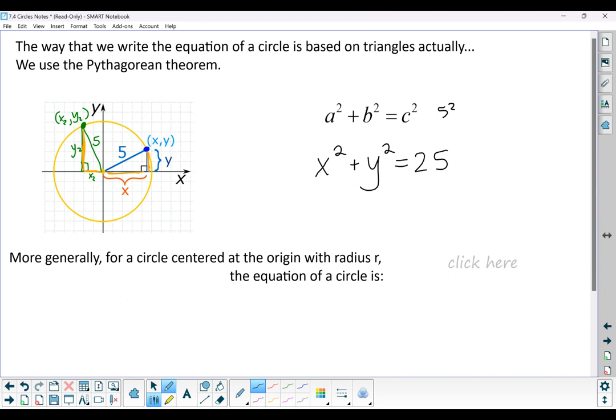My circle right now has a radius of 5, but that circle could have any size. It could be a radius of 1, it could be a radius of 6. So here's a more generic form where we really just have that r squared there. Something about this circle that is important is that it is centered at the origin.